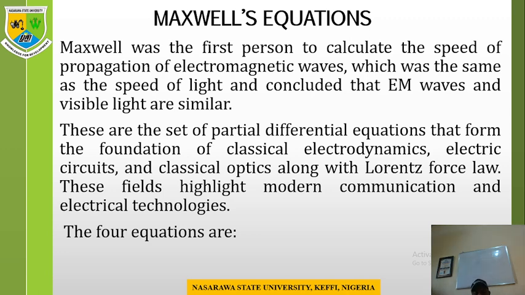Maxwell was the first person in physics to calculate the speed of propagation of electromagnetic waves, which was the same as the speed of light, and concluded that EM, that is electromagnetic waves, and visible light are similar. This discovery was made by Maxwell.